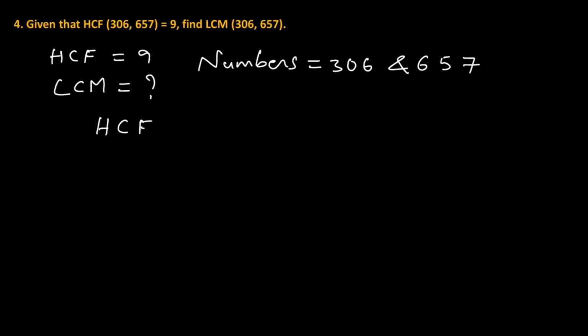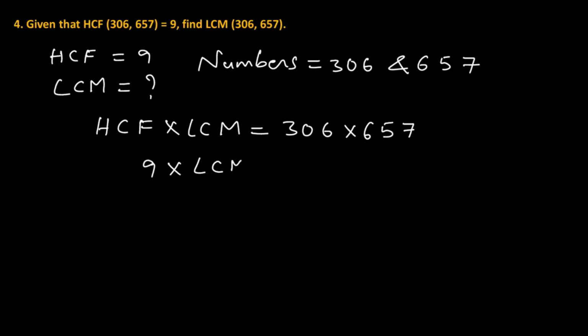Correct? So what is our common formula that we were using? HCF into LCM is equal to 306 into 657. What is the LCM here? We don't know the LCM, and the HCF, yes, we know. 9 into LCM is equal to 306 into 657. If this 9 goes to the right side, it will become the denominator, because on the left side it is in the numerator.